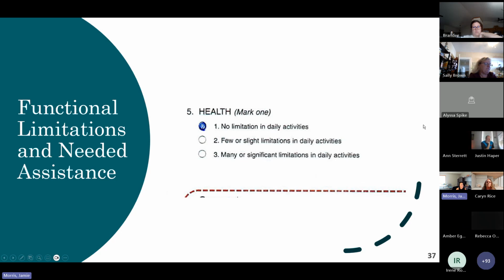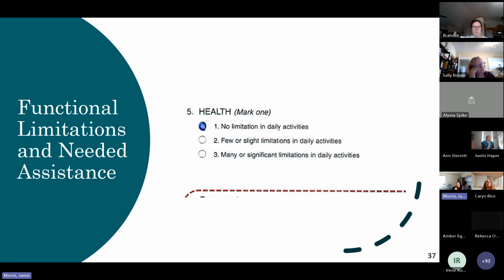I might mark that as fewer slight limitations in their daily activities. Or, if they're not a person that actually spends a lot of time outside anyway, I might mark no limitations because it's not bothering them because they're not outside. So again, very specific to the individual.